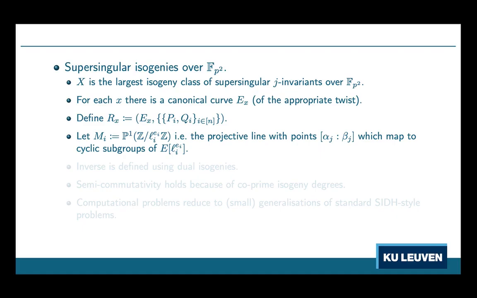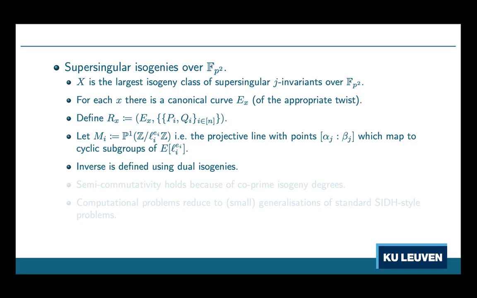Any cyclic subgroup will have multiple generators, but when you express these generators in the bases P_i, Q_i, each coefficients alpha and beta will all belong to the same class in the projective line. So this class maps one-to-one with the subgroup. This is why we use the projective line here.